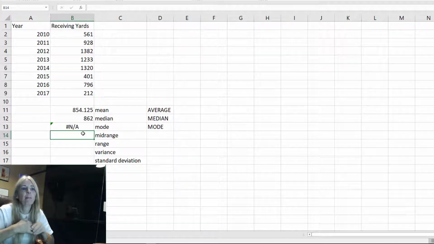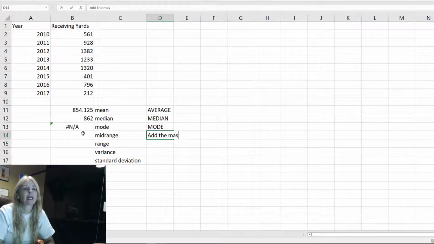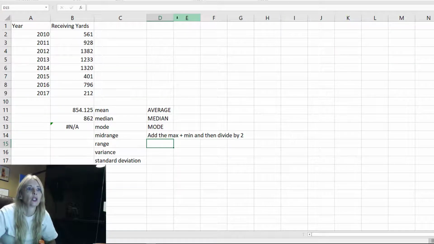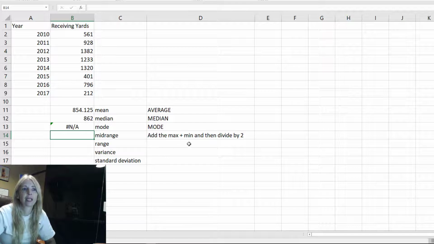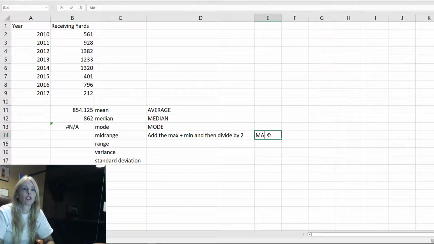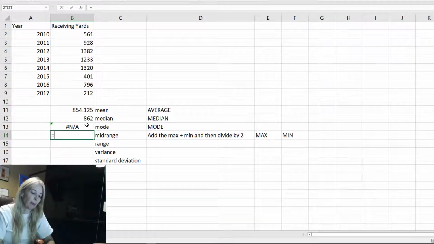Mid-range, if you remember, you add the max plus the min and then divide by 2. I'm going to do it with my actual formulas; there is a max and there is a min. So I go equals, open a parentheses because I want it to add the max and the min first.